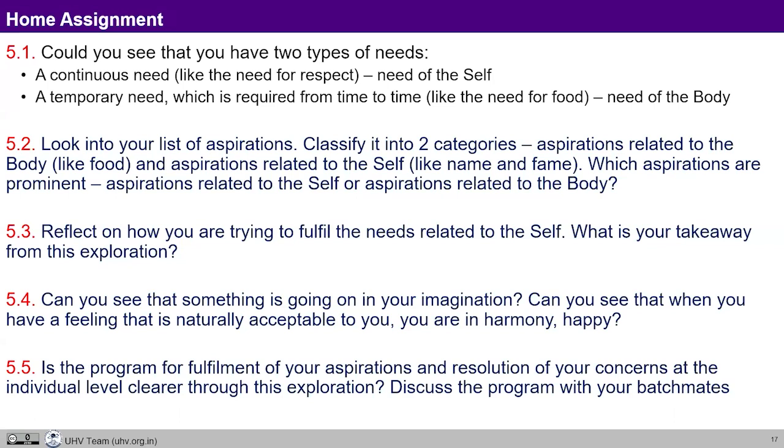Then reflect on how you are trying to fulfill the needs related to the self. What is your takeaway from this exploration? Can you see that something is going on in your imagination? Can you see that when you have a feeling that is naturally acceptable to you, you are in harmony, happy? Is the program for fulfillment of your aspirations and resolution of your concerns at the individual level clearer through this exploration? These all questions have been reframed, so I'm reading them out.